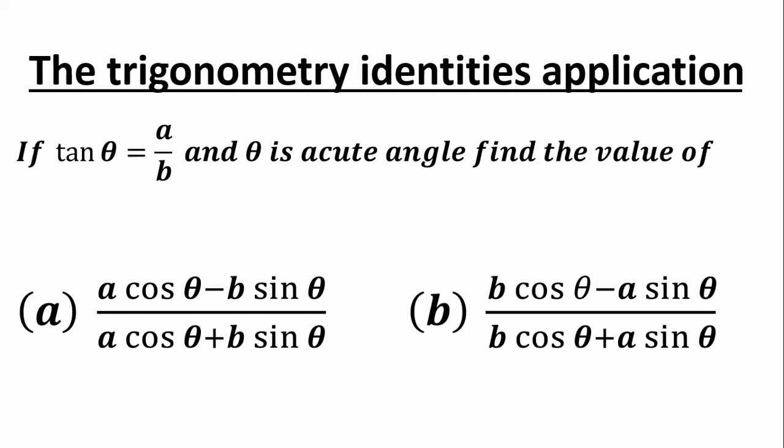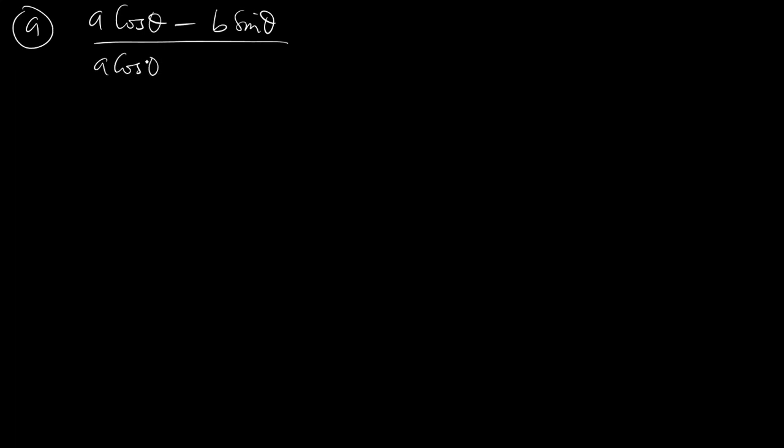Now let's begin. So the first one is A cos theta minus B sin theta divided by A cos theta plus B sin theta. Now, what we're going to do is divide both the numerator and the denominator by cos theta.